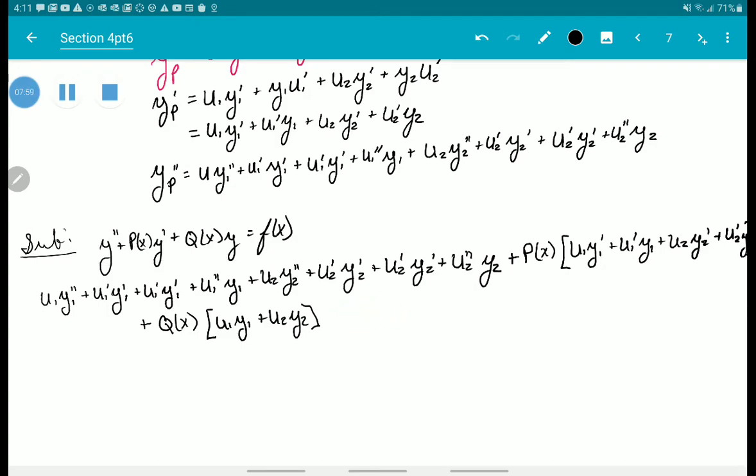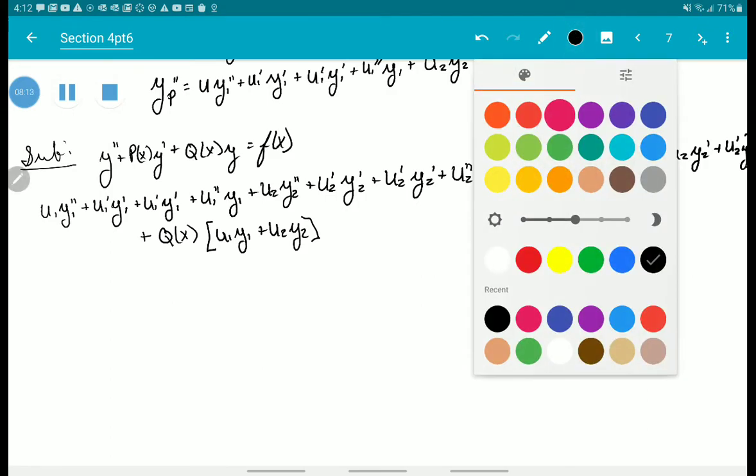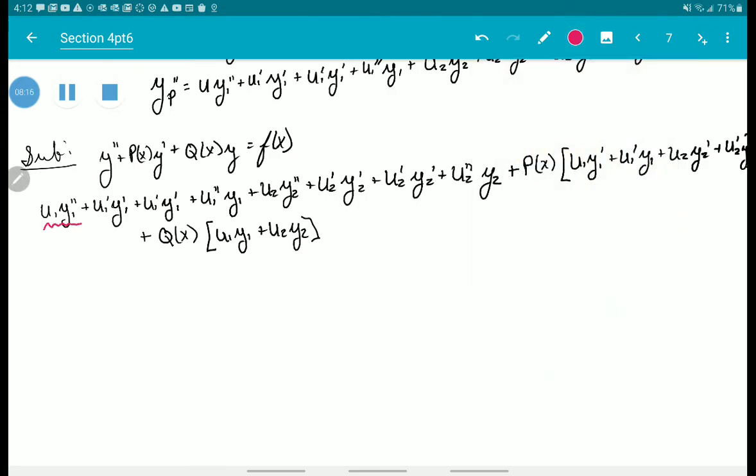But I want to clarify and condense some stuff here. So let's look at all those terms that have a u1 in them. So I'm going to do some rearranging here. So I've got a u1 term here, a u1 term here, and a u1 term here.